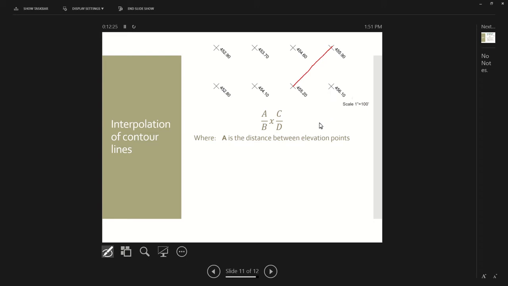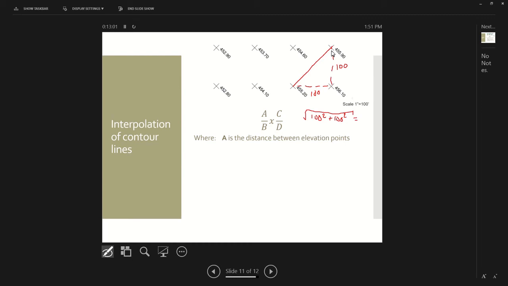So if we do the old Pythagorean theorem, 100 squared plus 100 squared, this 100 here and this 100 here between the X's, it makes our triangle. 100 squared plus 100 squared is going to equal our hypotenuse, and that's the distance between these two.